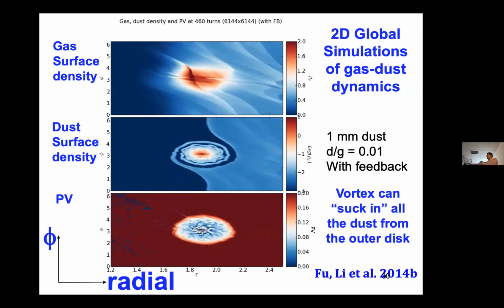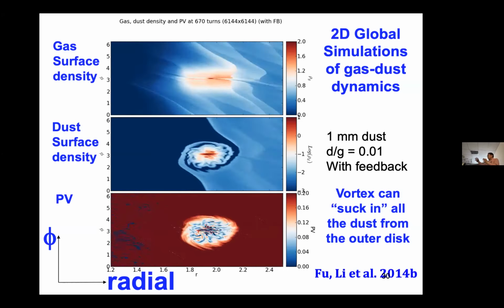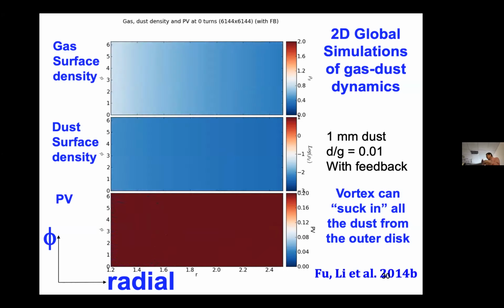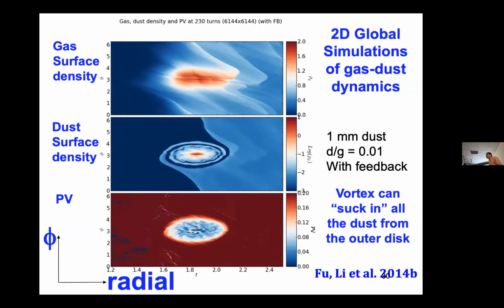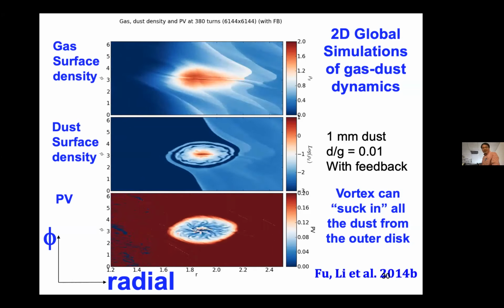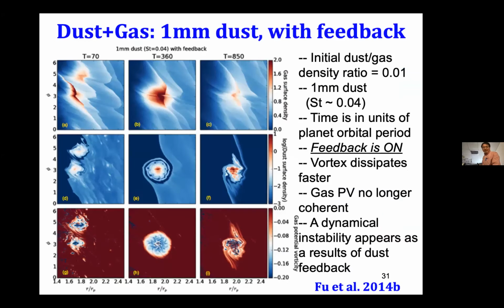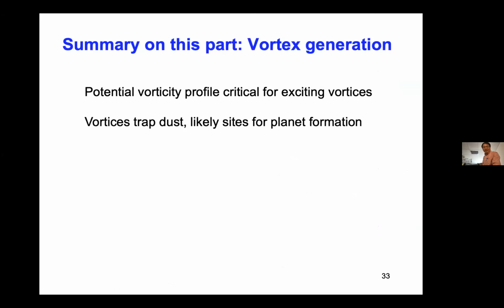So you start with some delta function and it fills up the whole size bin. That takes a long time. So, a summary on this part: the potential vorticity profile can excite vortices, and they then trap dust and are likely sites for planet formation.